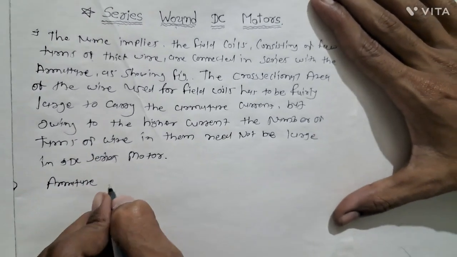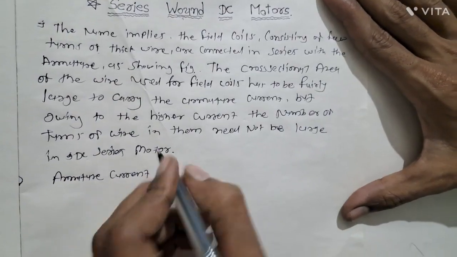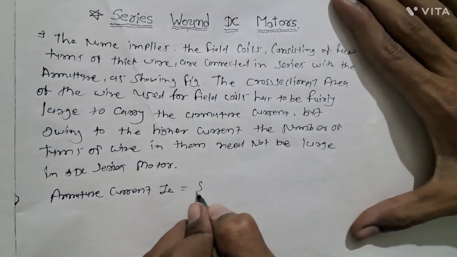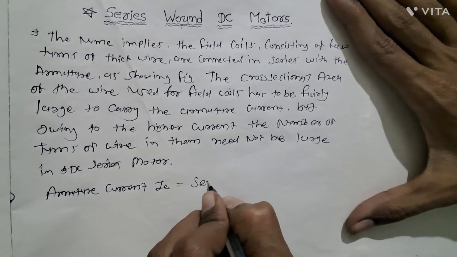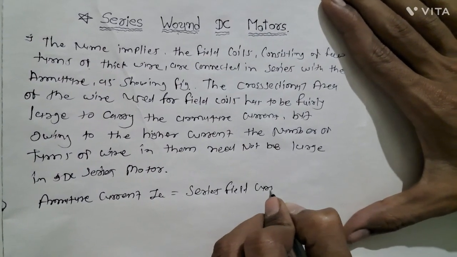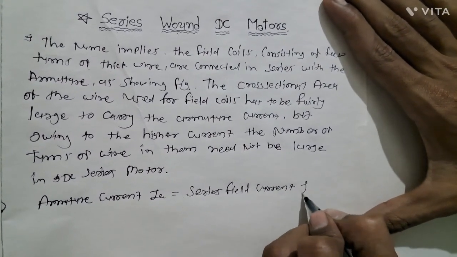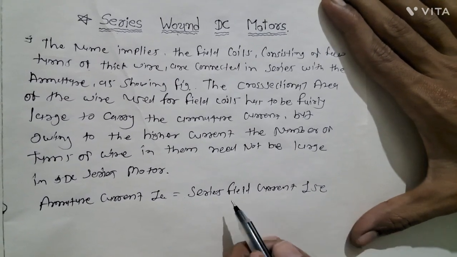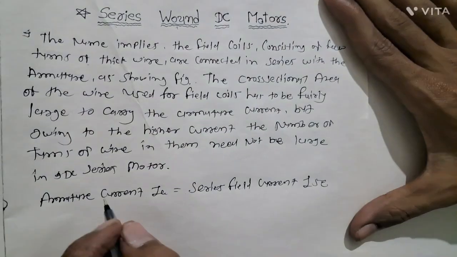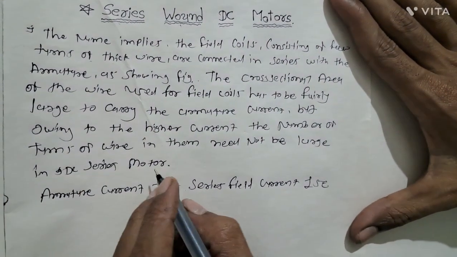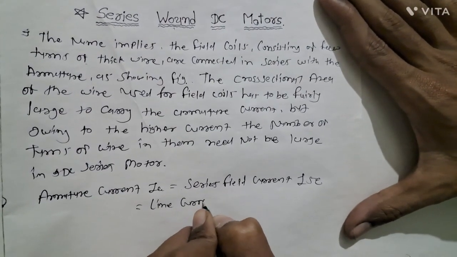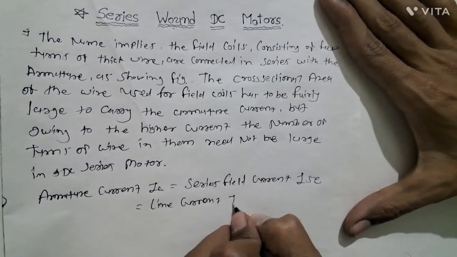The armature current IA is equal to the series field current ISE, which is equal to the line current IL.